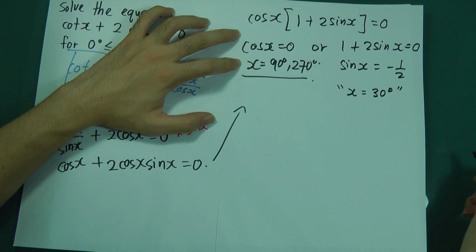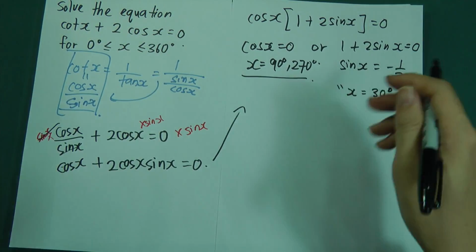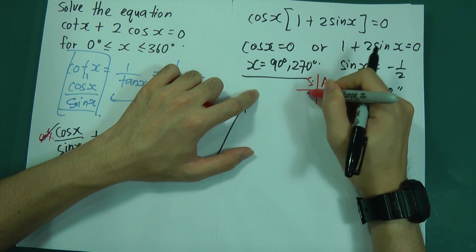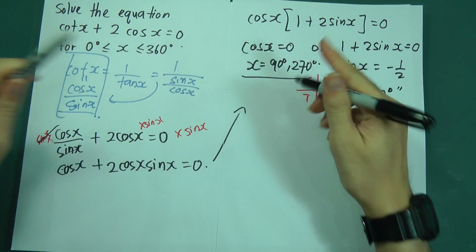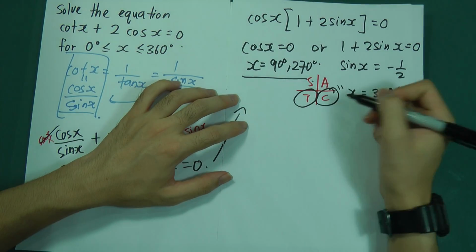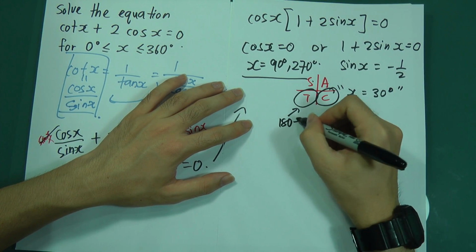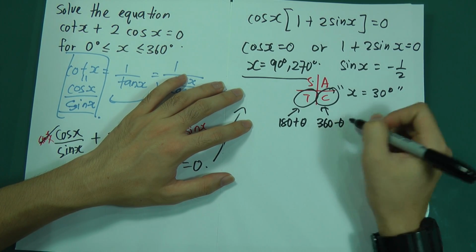Now, sine x negative falls in which quadrant? All, sine, tangent, cos. So sine x is negative in the third and fourth quadrants. The third is 180 plus the angle, and the fourth is 360 minus the angle. Just memorize this.